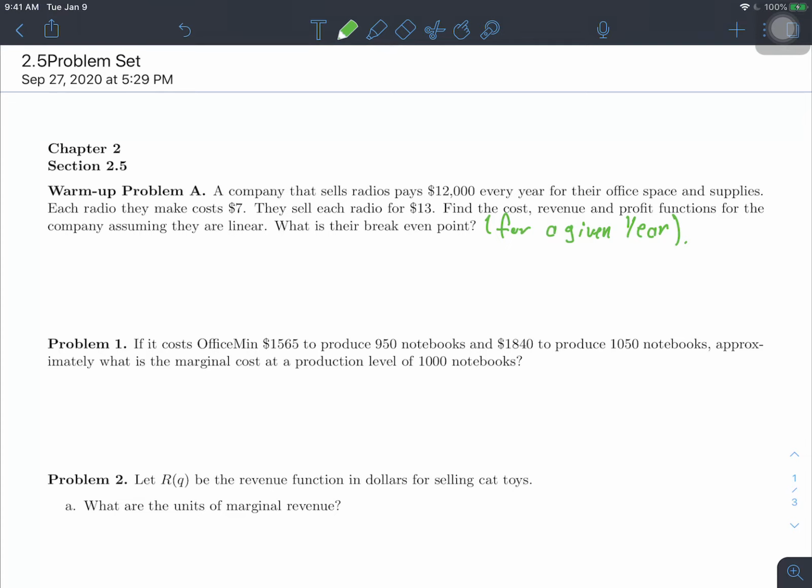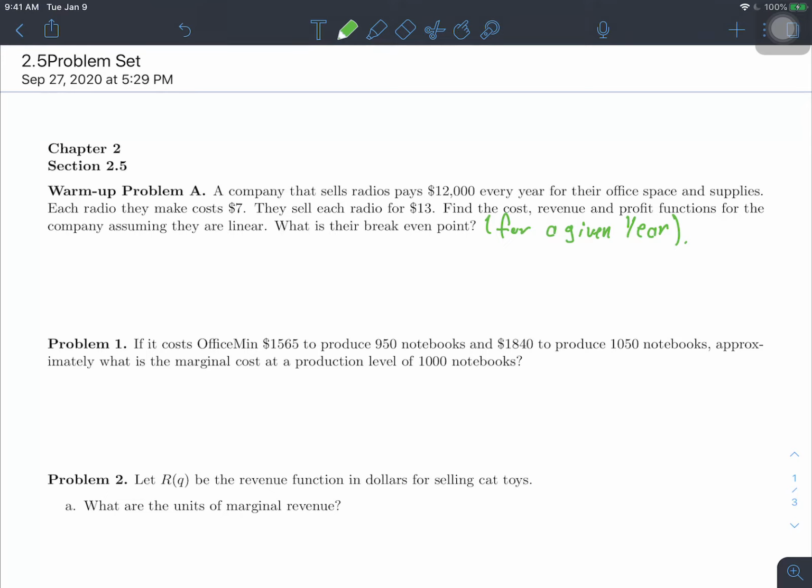All right, would anybody like a little bit more time to work? So the problem is asking us about this radio selling company. They sell physical radios, and they produce them quite cheaply, and they sell them quite cheaply for $7 and $13 respectively.